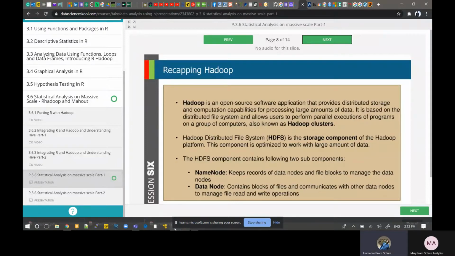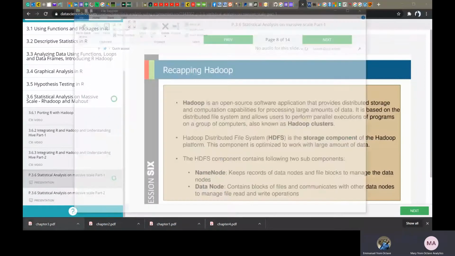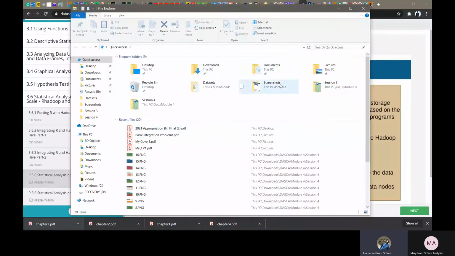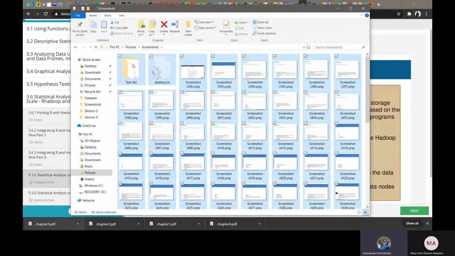Let me. I think I have a question like that. Maybe stored on my PC. So I think I have. So the HDFS component contains the following two subcomponents: name node and data node. Hold on, give me a minute. Um, I think I have it here. I think I have this. I want to show you something here.